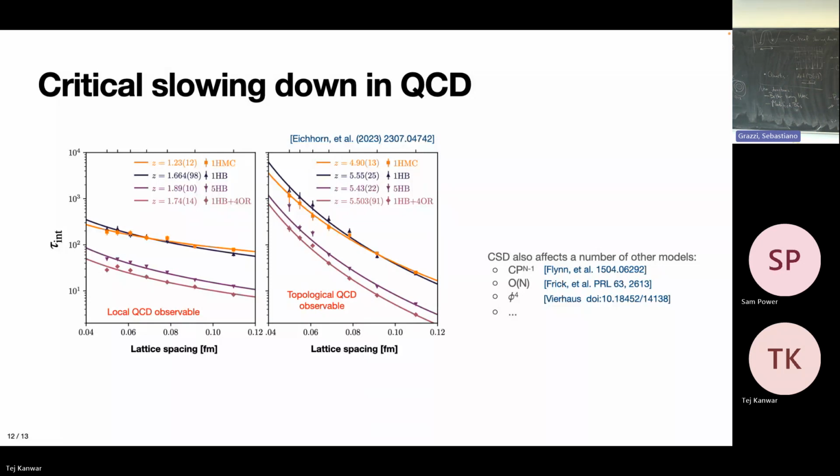So there's a lot of, I would say, new ideas on the market. None of them have borne fruit at the scale of Lattice QCD, but this is something that we continue to look at.